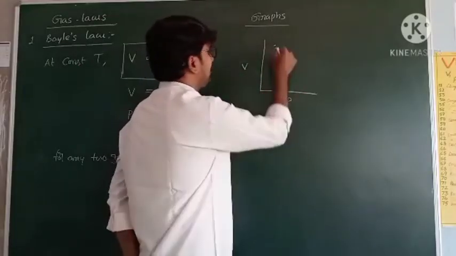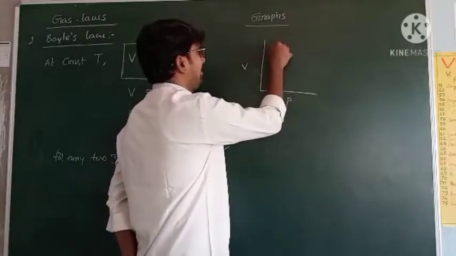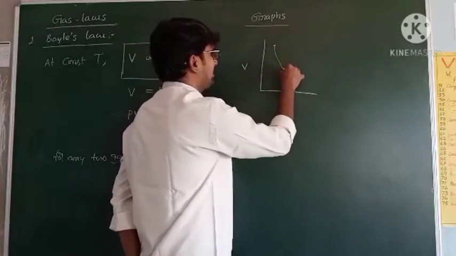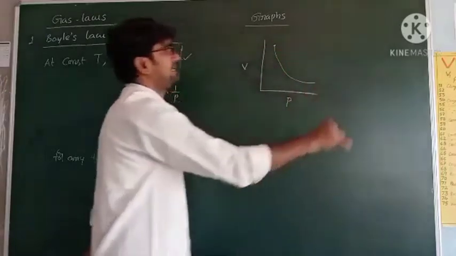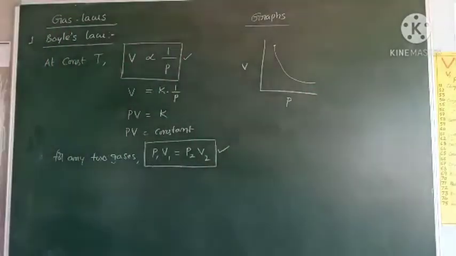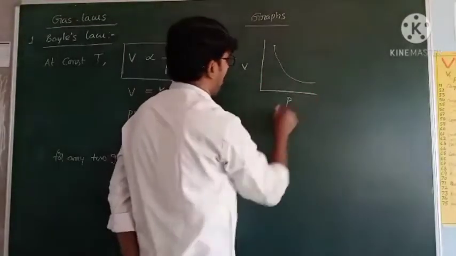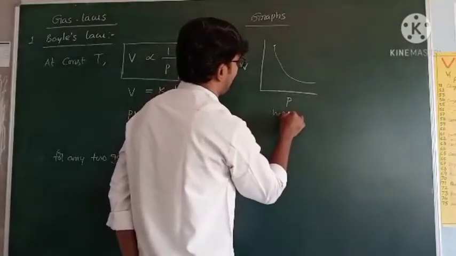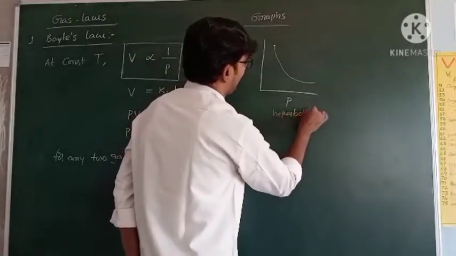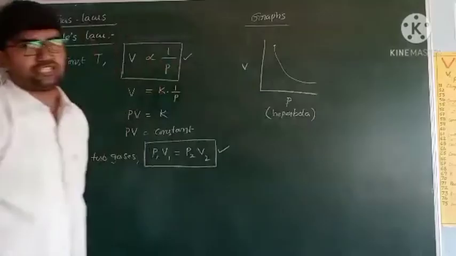If pressure increases, initially volume is very high, but with increasing pressure, volume decreases. What is this curve? Hyperbola. We observe a hyperbola here. This is the first graph.